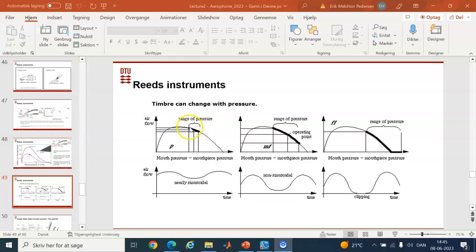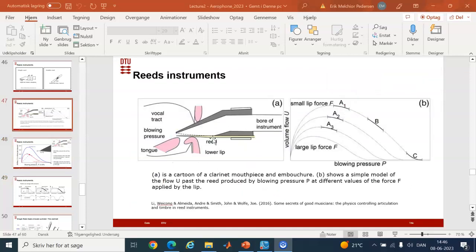The airflow is nearly sinusoidal. Mouth pressure is when a small pressure on the lips, small lip pressure.